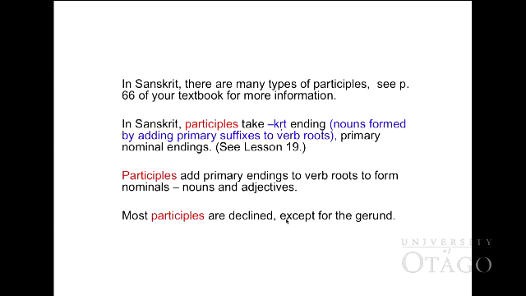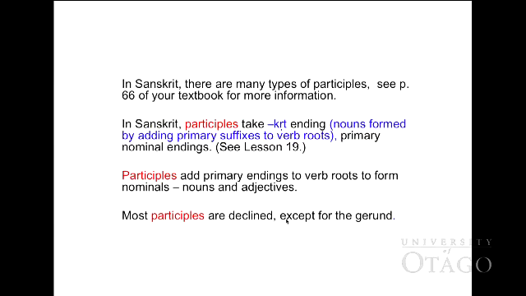In Sanskrit, there are many types of participle. You can see from page 66 of your textbooks. In Sanskrit, participles take krit endings. Krit endings are nouns formed by adding a primary suffix to verb roots. You can see primary nominal endings from lesson 19.